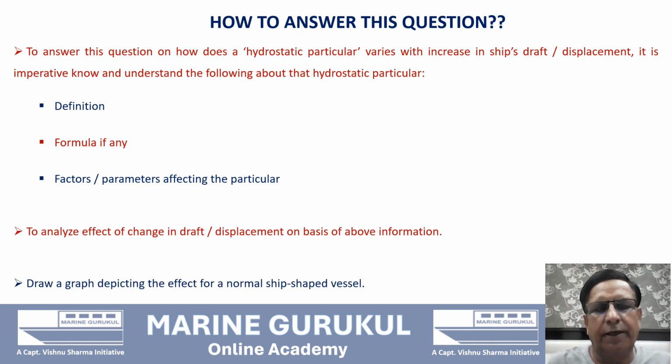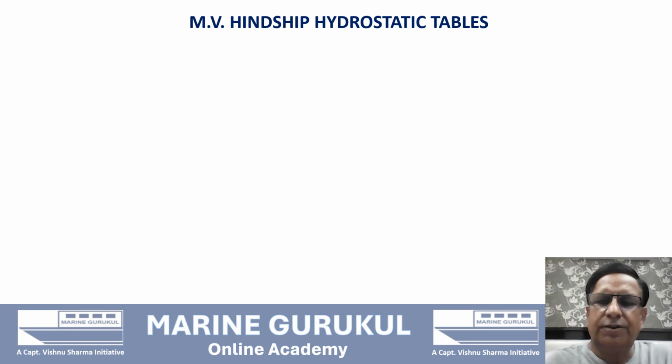Thereafter, we can draw a graph depicting the effect for a normal ship-shaped vessel. The hydrostatic curves of any ship, please understand, would depend on the hull form of the vessel. Now, hull forms are vessel specific.